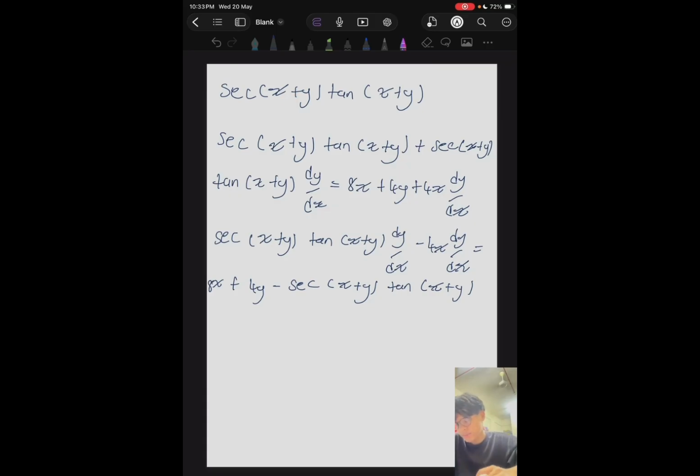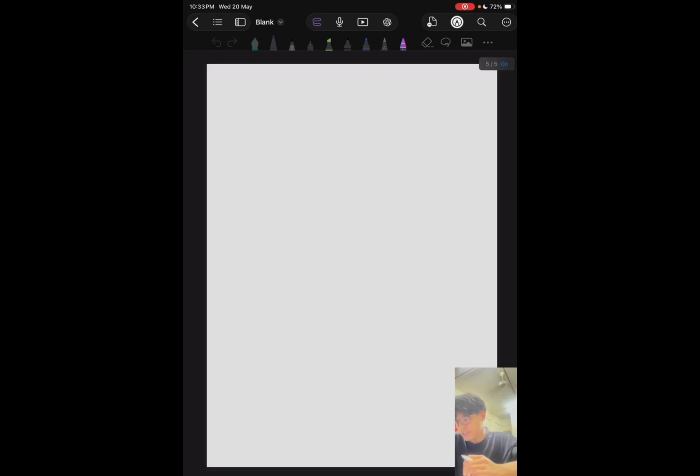And for the third step, we have to factor out the dy over dx and we have to solve it.